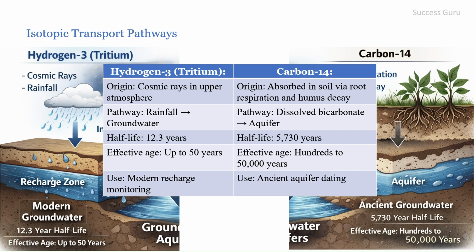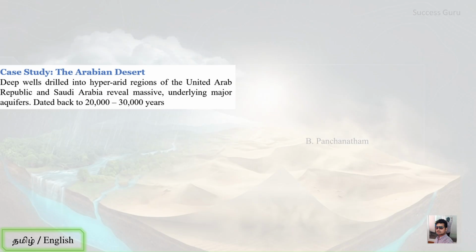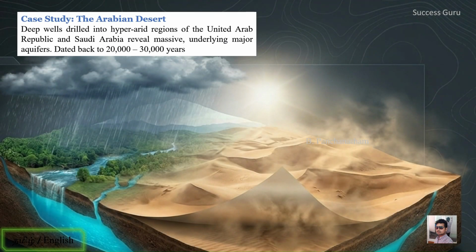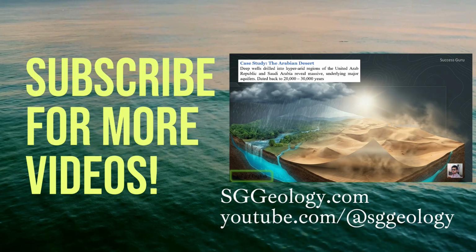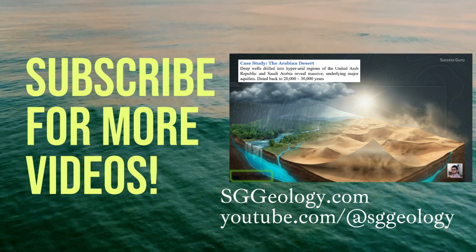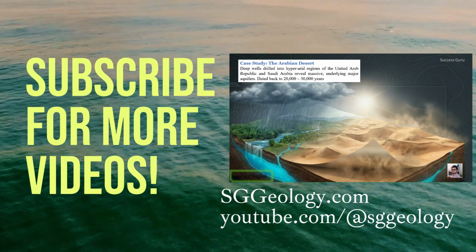Let me show you an example, a case study from the Arabian Desert. Scientists found deep aquifers in the Arabian Desert. Deep wells drilled into the hyper-arid region of the United Arab Republic and Saudi Arabia revealed massive underlying major aquifers. When dated, they go back 20,000 to 30,000 years.